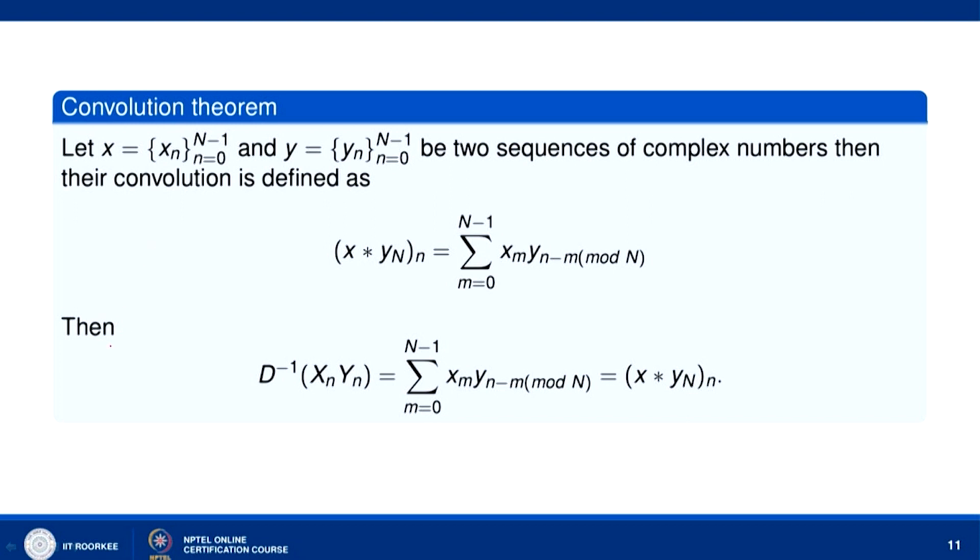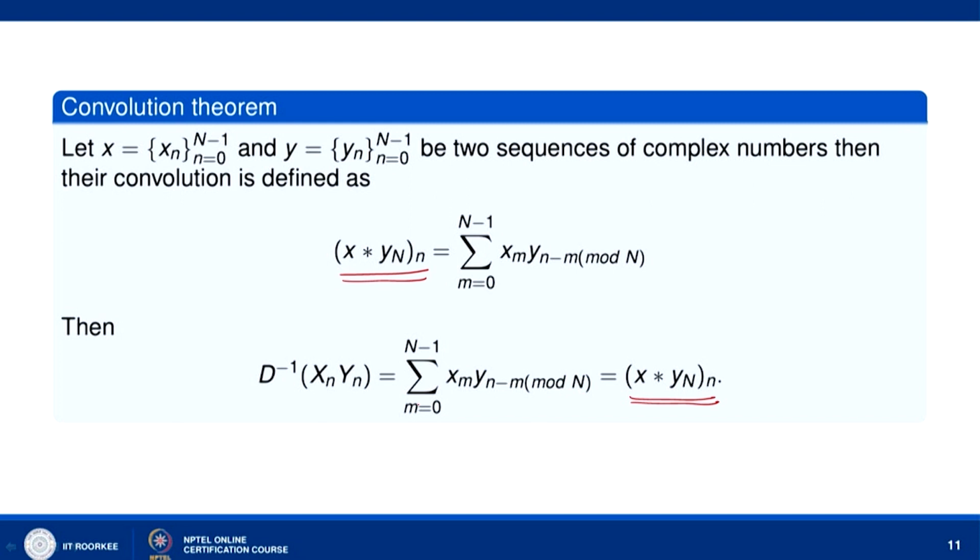This theorem says that the discrete Fourier transform of this convolution of the sequences x and y, which we denote by this notation, is equal to sigma m equal to 0 to N minus 1 x_m y_(n minus m modulo N).